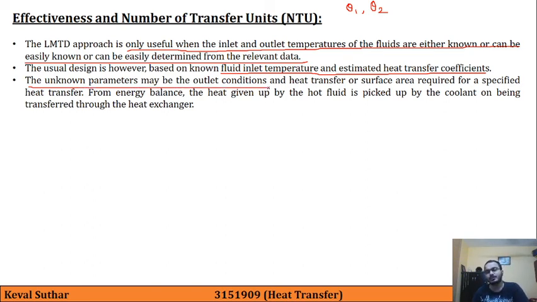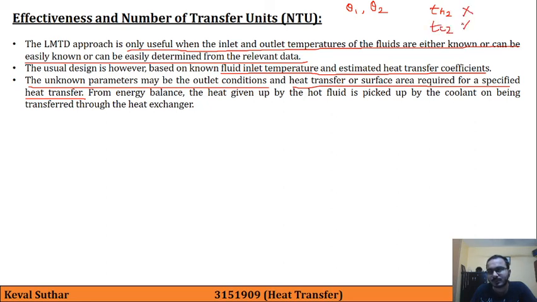In real life, the exit temperatures of heat exchangers may be unknown, and we need to calculate the heat transfer as well as surface area required for specific heat transfer. So the following values may not be available to us in real life: TH1, TH2 and TC2.